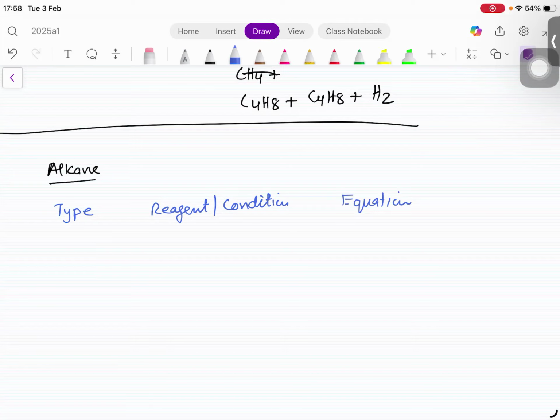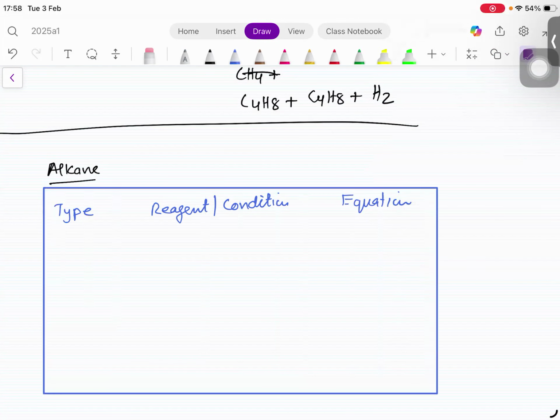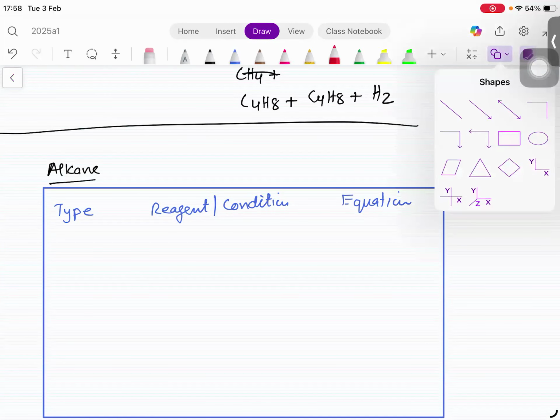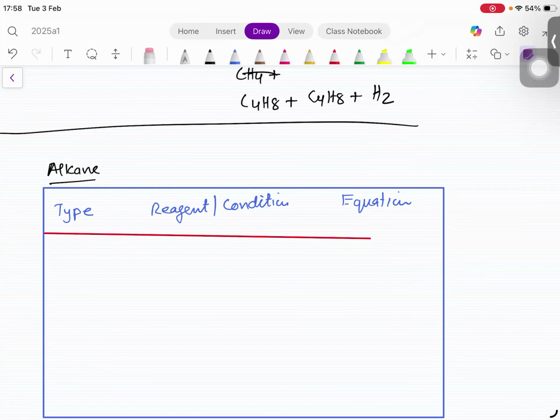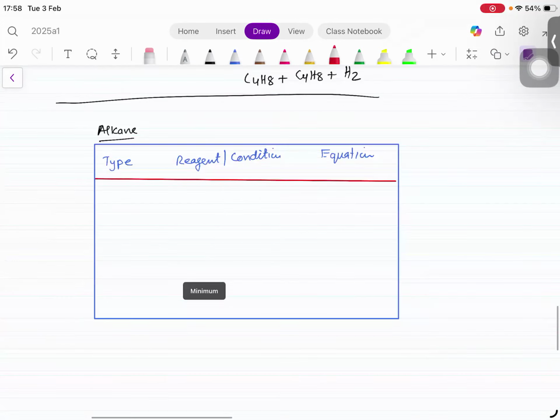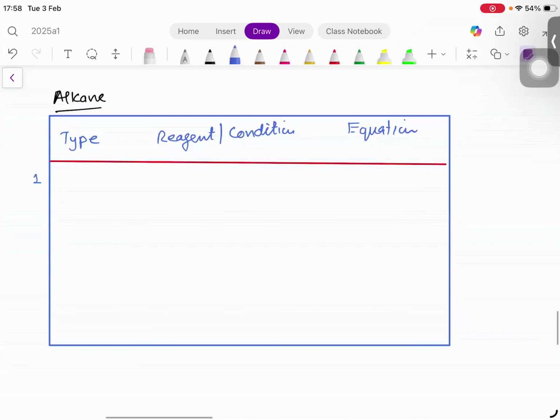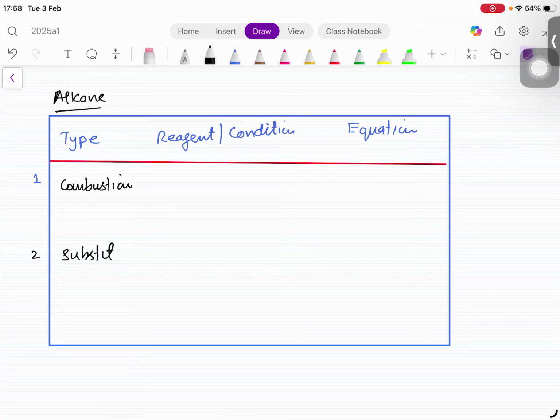So you have to draw a table like this. Under these headings, what types of reactions did alkanes have? Number one was combustion. Second was substitution, and third was cracking.